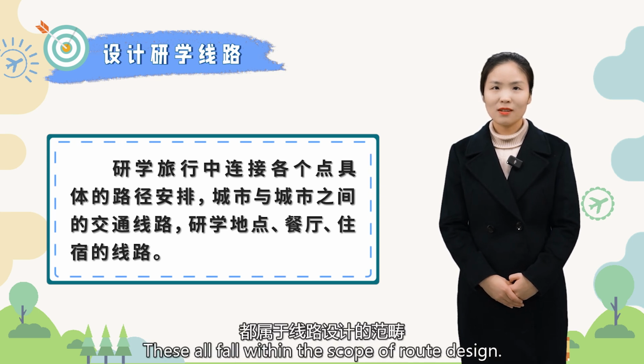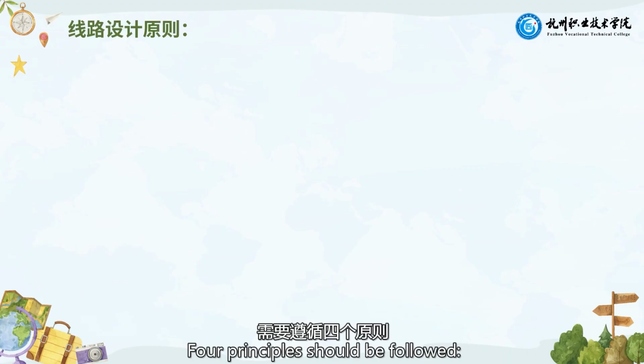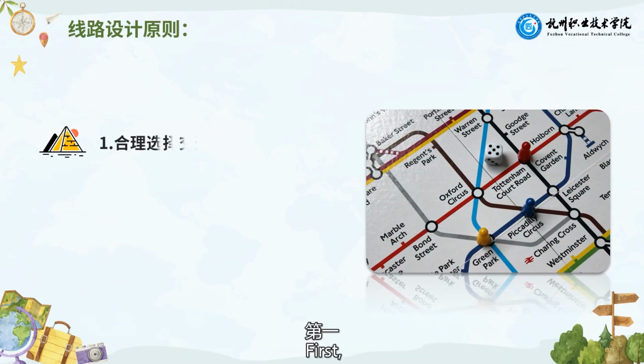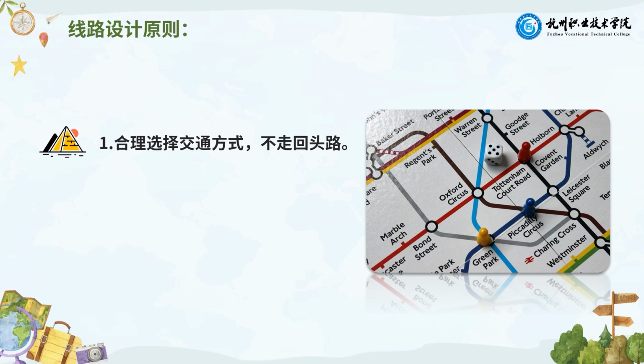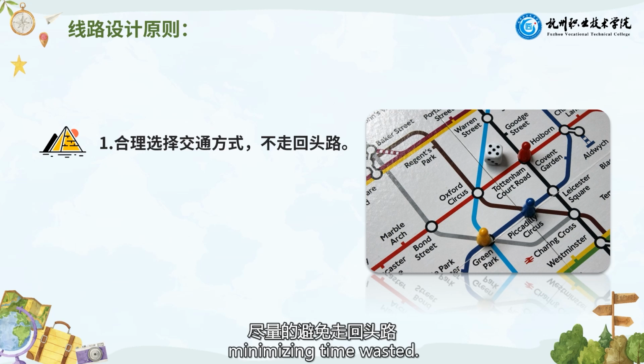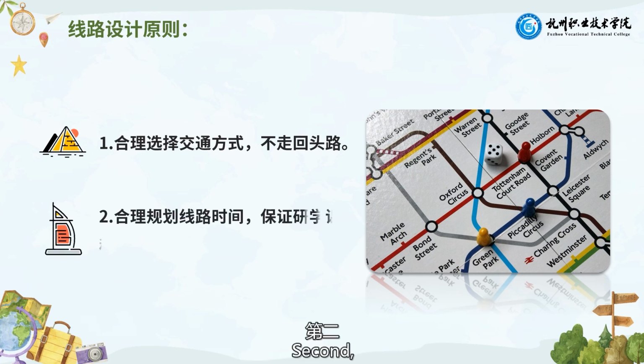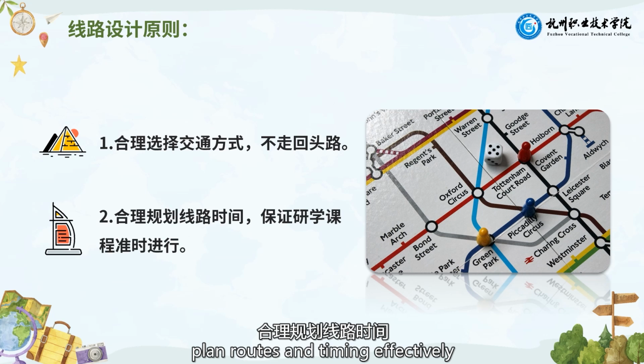These all fall within the scope of route design. 4 principles should be followed. First, choose transportation logically and avoid backtracking, minimizing time wasted.